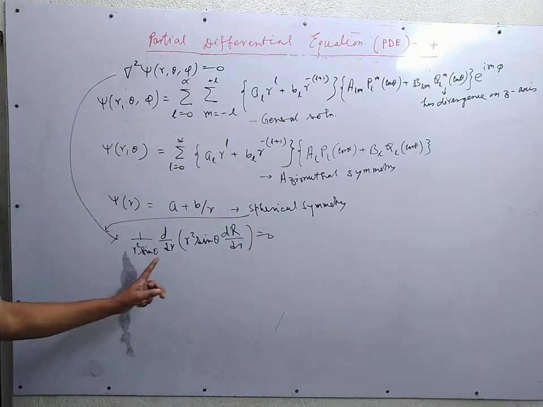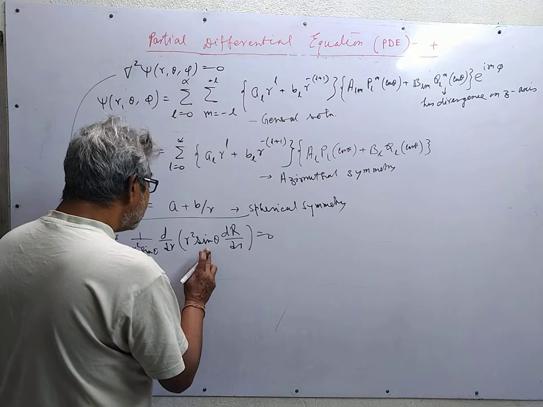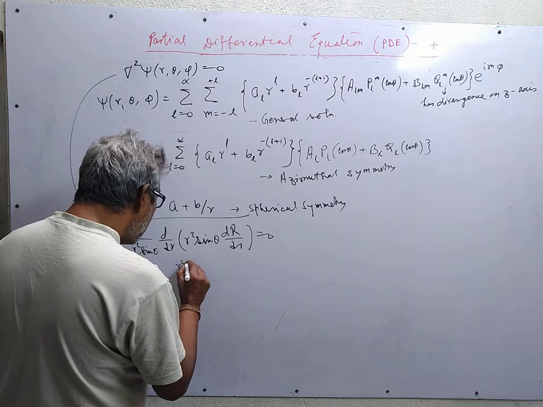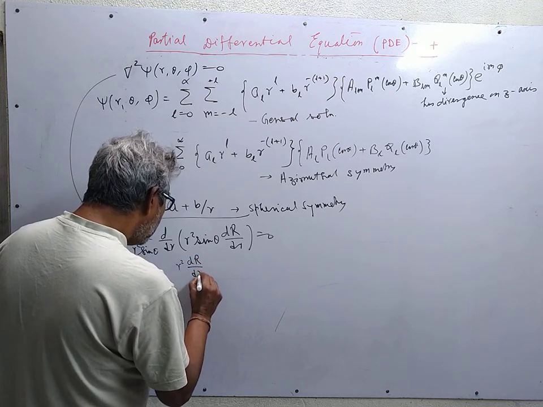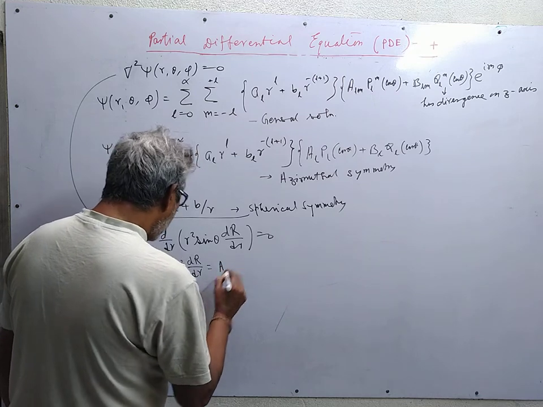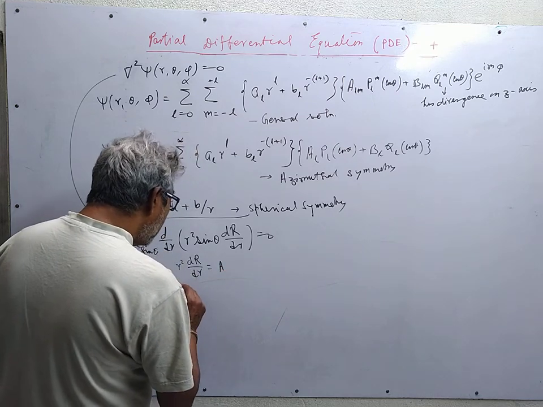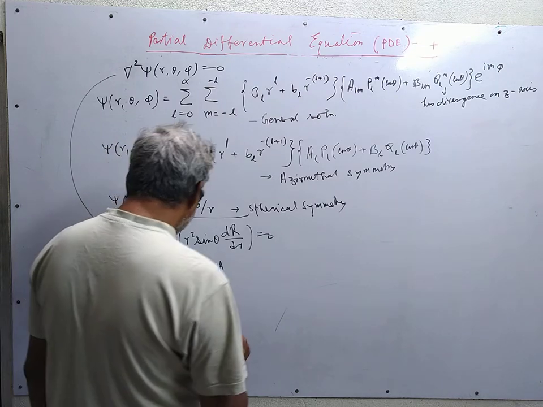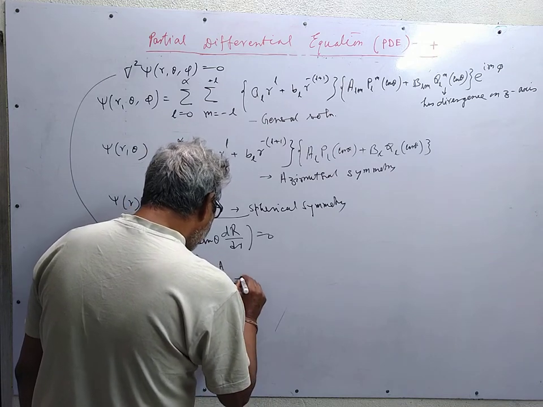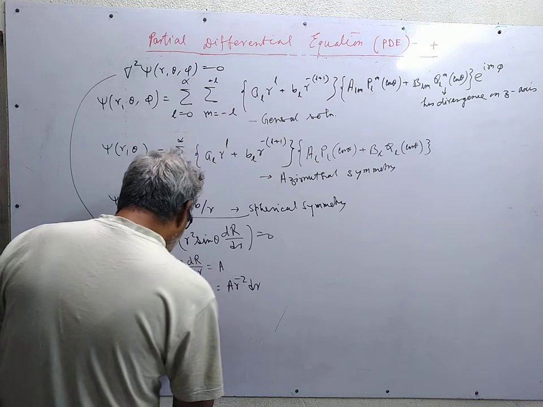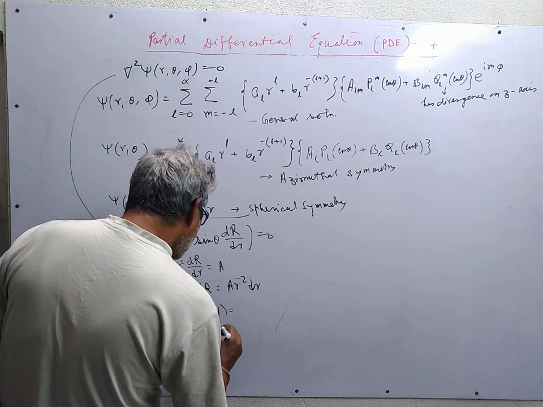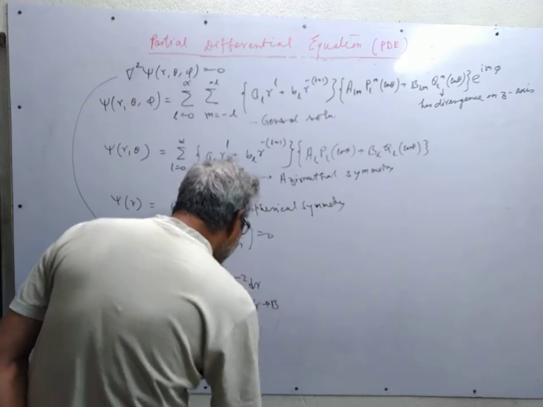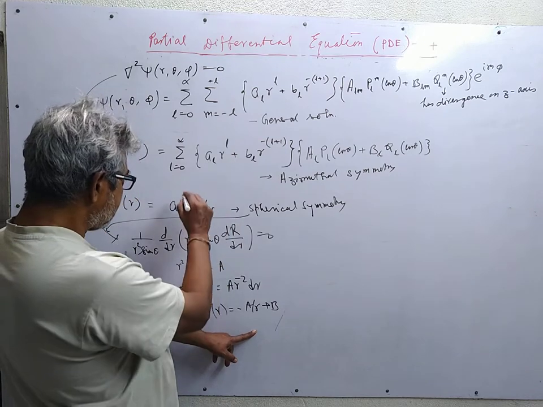This is the radial part, and the sine theta part cancels out, and we have r square dR/dr equal to a constant a, or dR equals a r to the power minus 2 dr, or R(r) is equal to minus a by r plus another constant b.